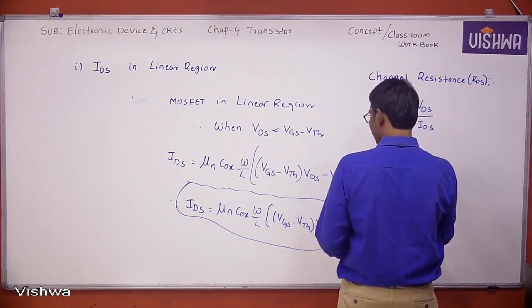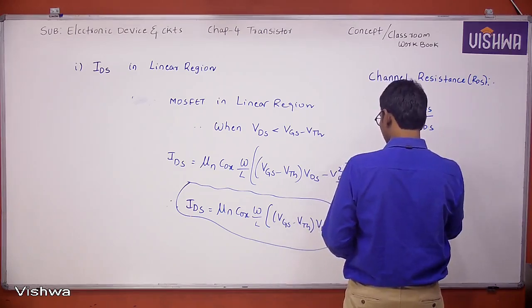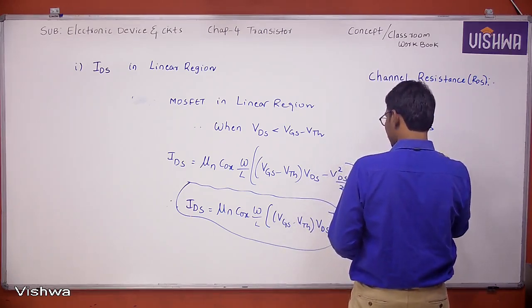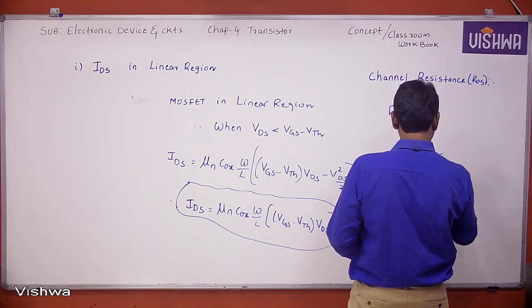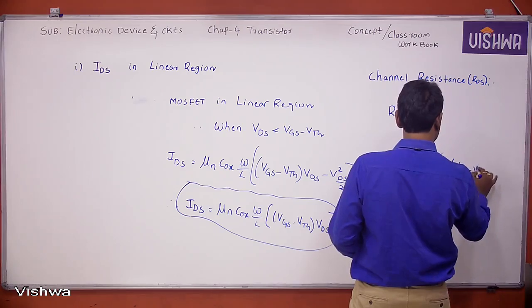From this equation, VDS by IDS is simply L by mu n into COX W into VGS minus VTH.